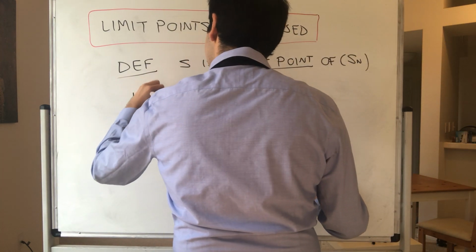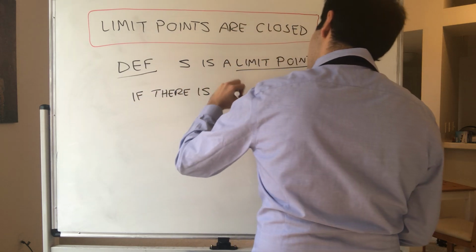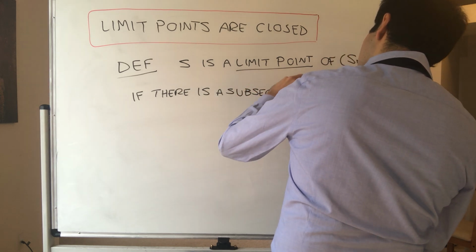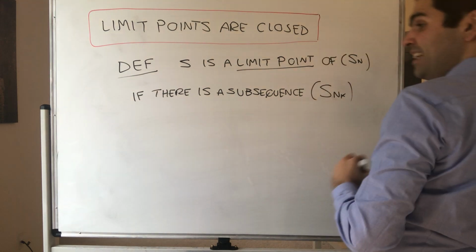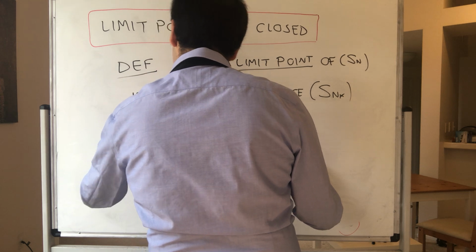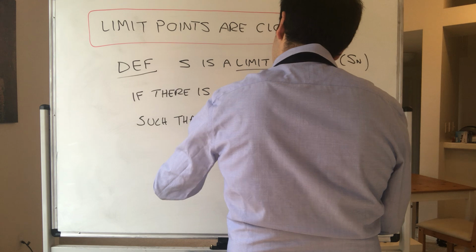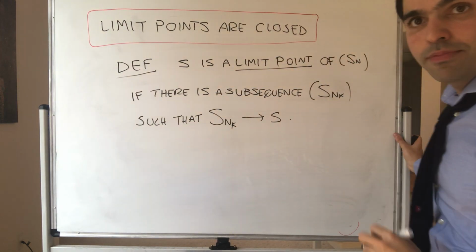So if there is a subsequence Snk of Sn that converges to S, such that Snk goes to S as k goes to infinity.